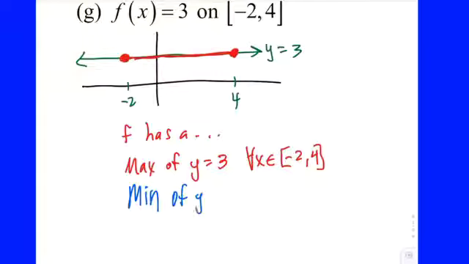We have a minimum of y equals 3 for all x on the closed interval from -2 to 4. So this is kind of like the exceptional case. It's kind of the boring case. Maybe we even call it the trivial case, right? Where you have both a maximum and a minimum value being the same because you're on a horizontal line segment. And so that's why we need that equal sign there to take care of that, right?